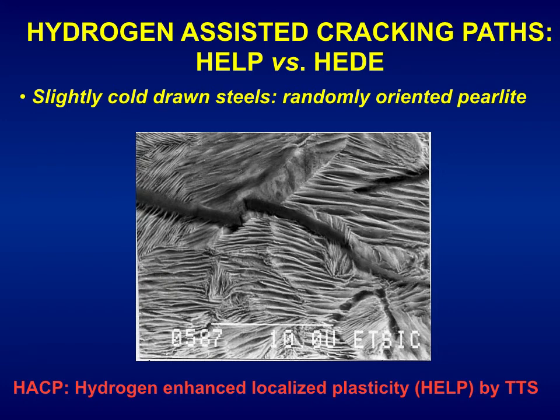The hydrogen-assisted cracking paths exhibit hydrogen-enhanced localized plasticity helped by the so-called tearing topography surface, TTS, a kind of tearing localized plasticity, and the crack path crosses the colonies and breaks the lamella. It's interlamellar and intercolonial.